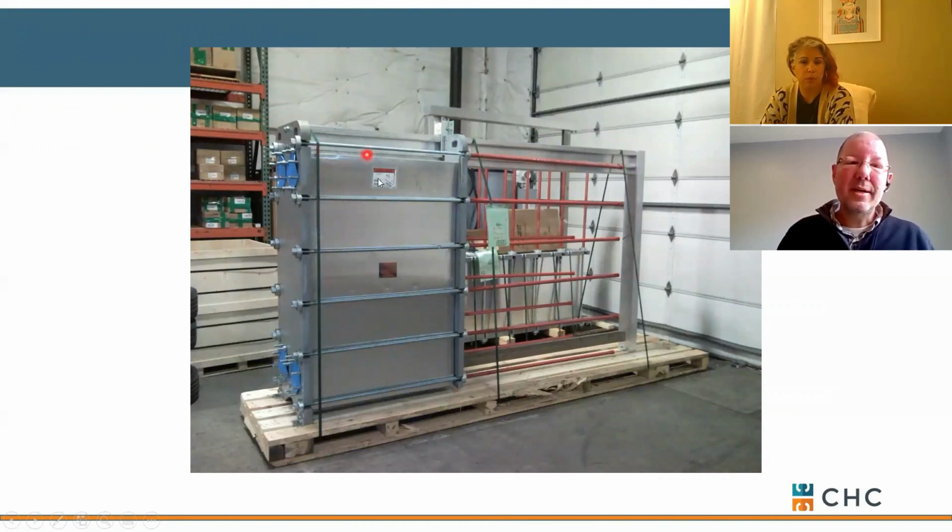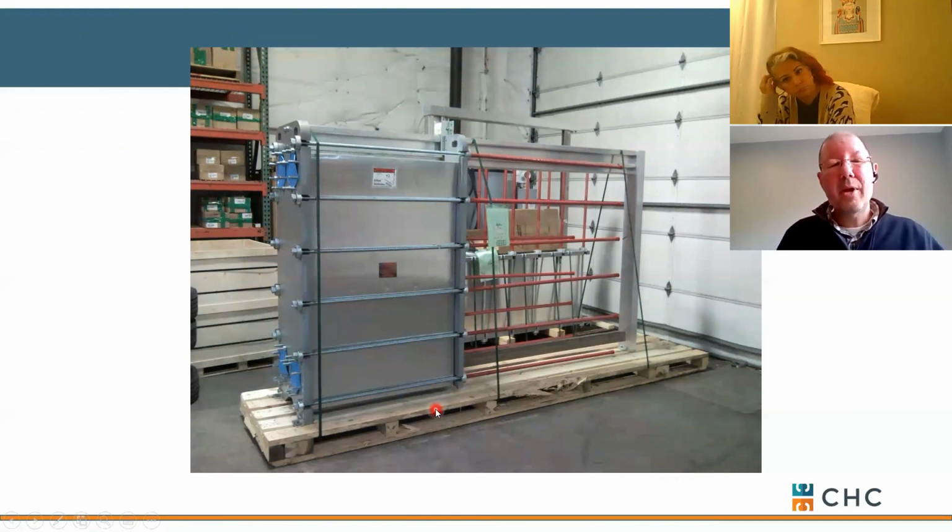There is a galvanized or stainless shroud that covers the plates, so if there's a gasket failure, you don't walk by and get hit with boiler water or some chemical laden water. It all gets directed down towards the floor. This is open, but if you have a gasket failure, you're going to expect to see some puddles down below, not get hit on the side of the face.